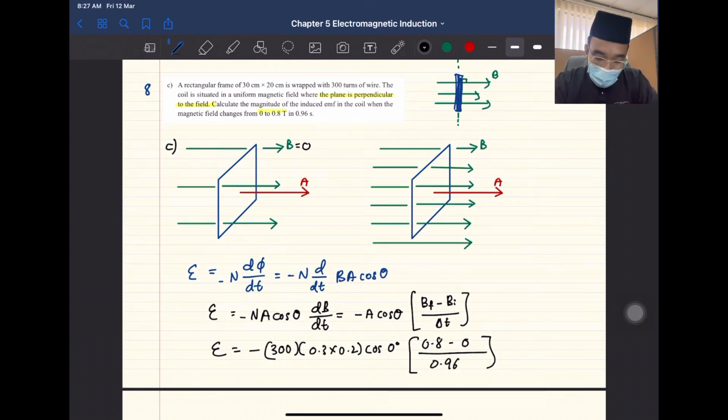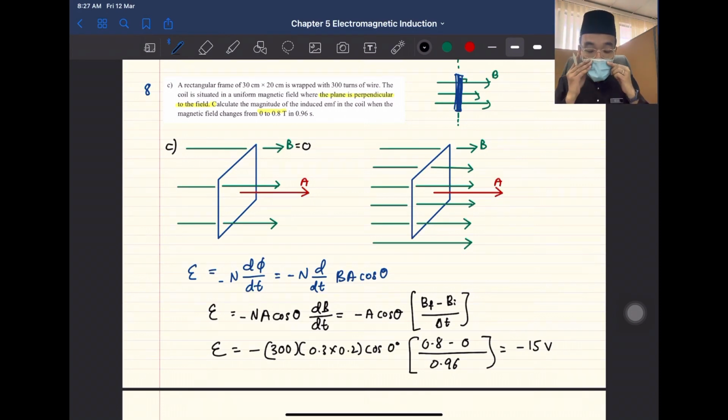Now you have to press your calculator. Okay, I've got here negative 15. The negative obviously just indicates the direction.